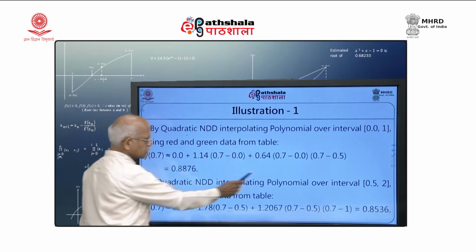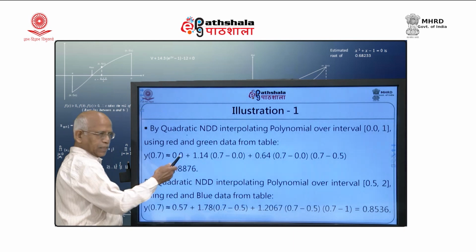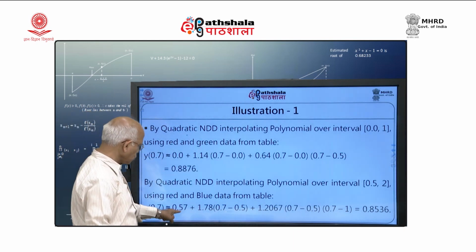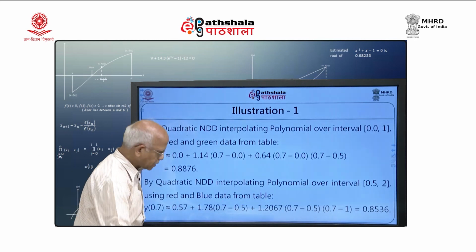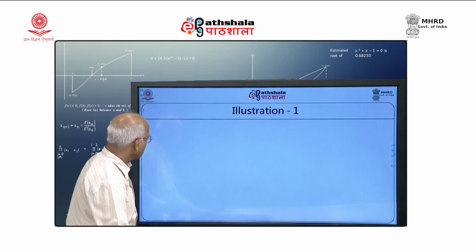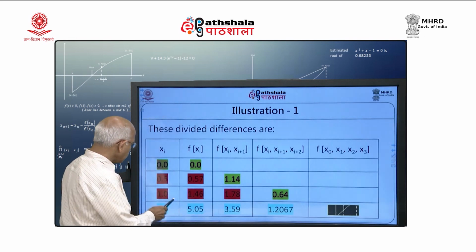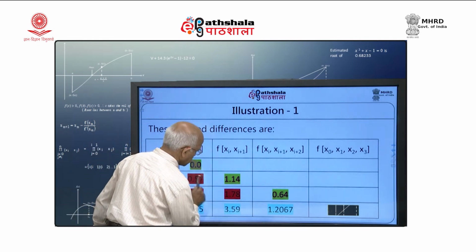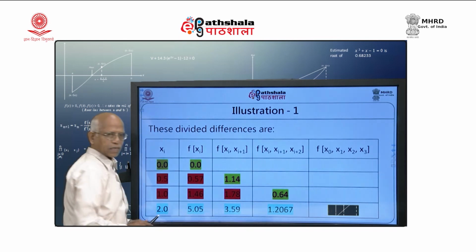And if I use this interval, again I have to take the last 3 nodes and then the corresponding differences. So, I will be using 0.57, 1.58, and that we can see from the table again. You can see we are using these 3 nodes, so red and blue data I am using.